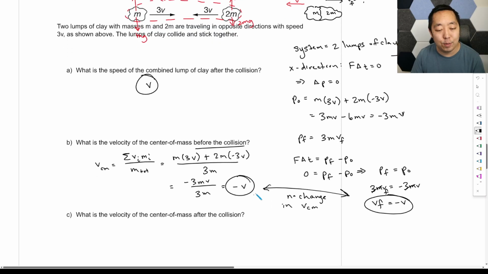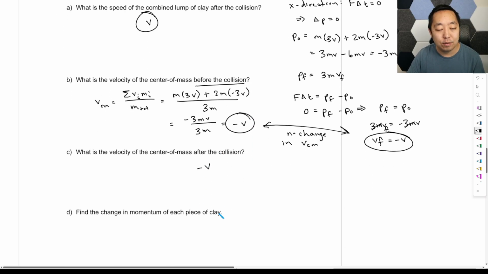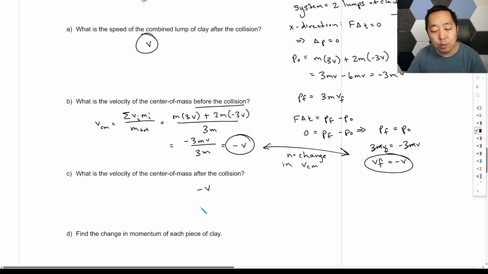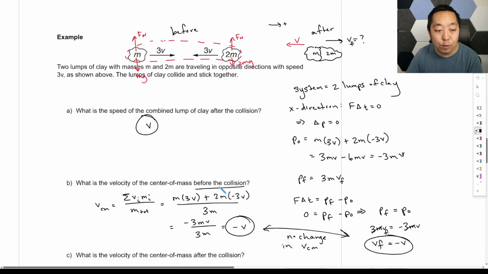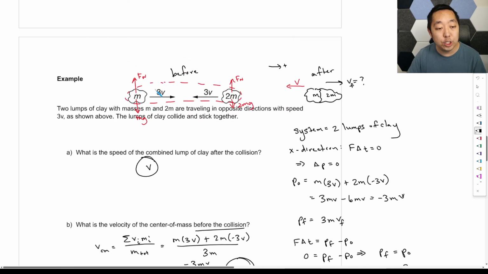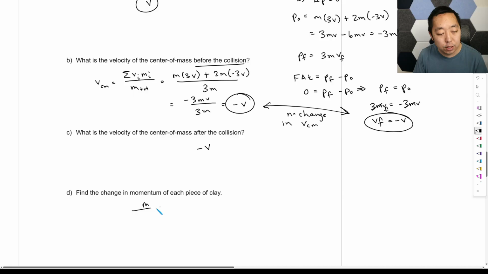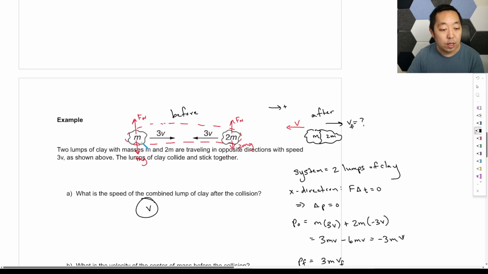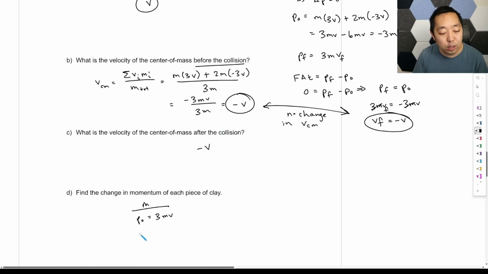So what is the velocity of the center of mass after the collision? Negative v, right? Didn't change. What is the change in momentum of each piece of clay? So now we want to think about, for the left clay, what is the change in momentum? For the m1, his initial momentum was 3mv because he's m and 3v to the right. What is his final momentum now?